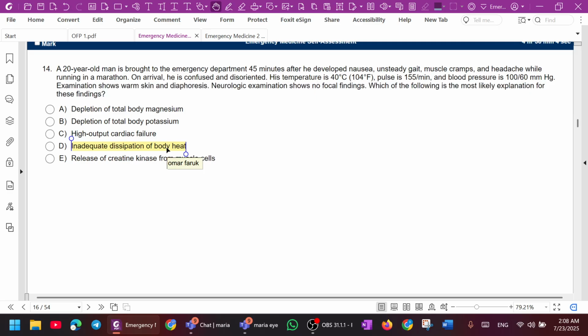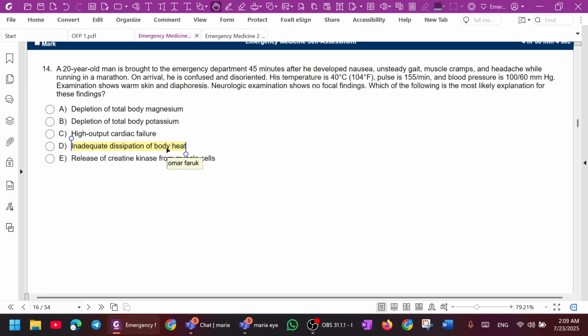Wait a minute. Why is there hypernatremia and hyperchloremia during heat exhaustion? Heat exhaustion happens due to the body's failed response to dehydration. It is also loss of water.